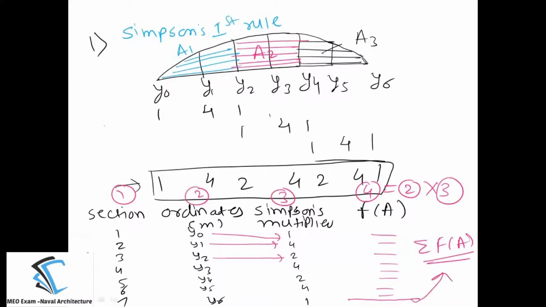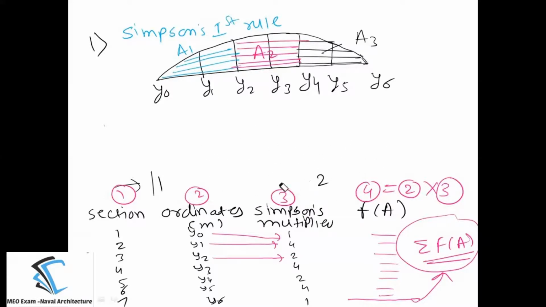You will get it here. If you have this, then how to proceed? Now this is a function of area, not area. This is a function of area. If I want to calculate the area, I can proceed like this. So the formula for Simpson's rule will be h by 3 into summation of function of area.